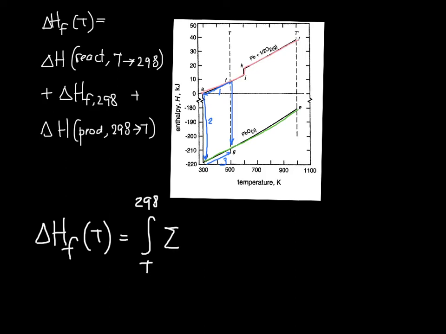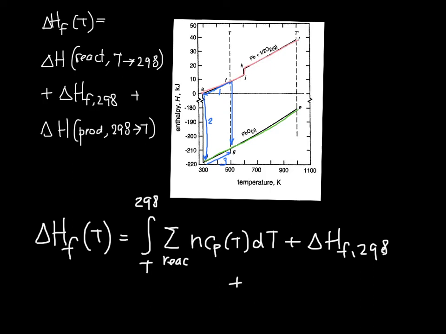And we have to sum over all of the reactants of n Cp dT, plus, this is step 2, the enthalpy of formation at 298, and then step 3, which is the integral from 298 up to T, and we sum over the products of n Cp of T dT.